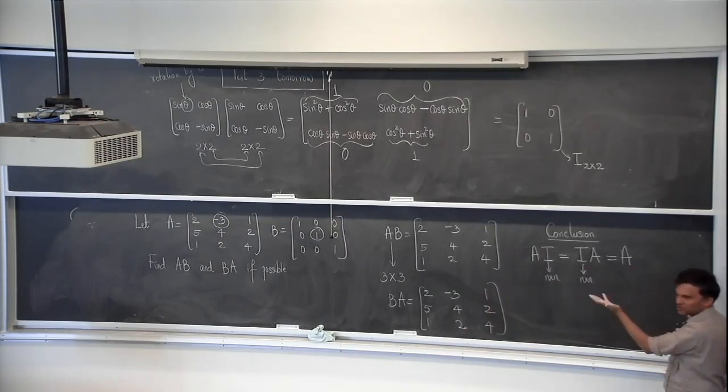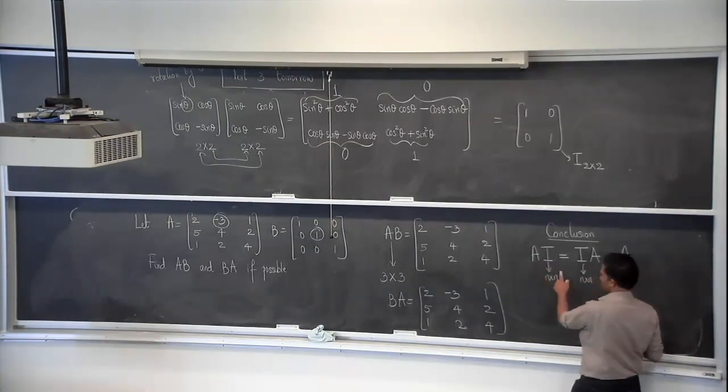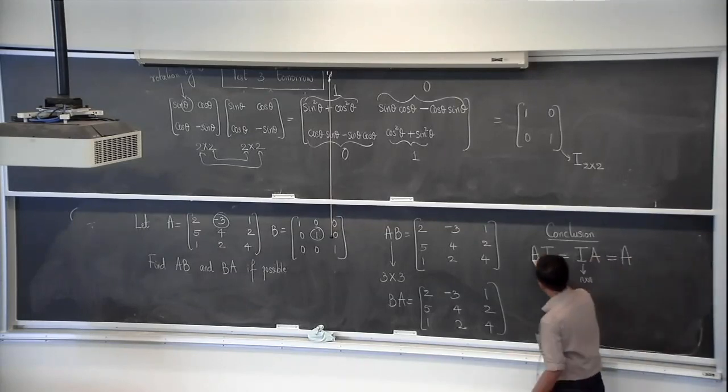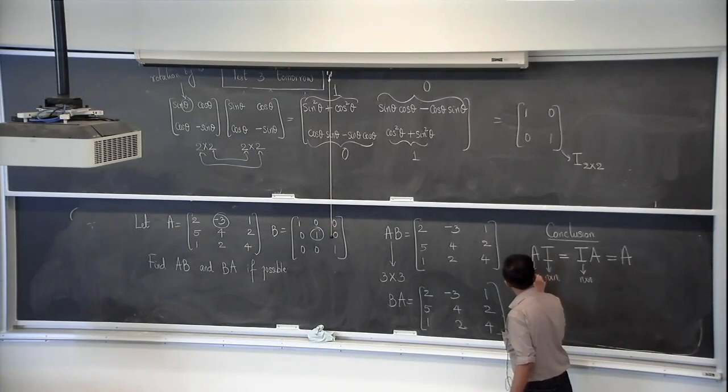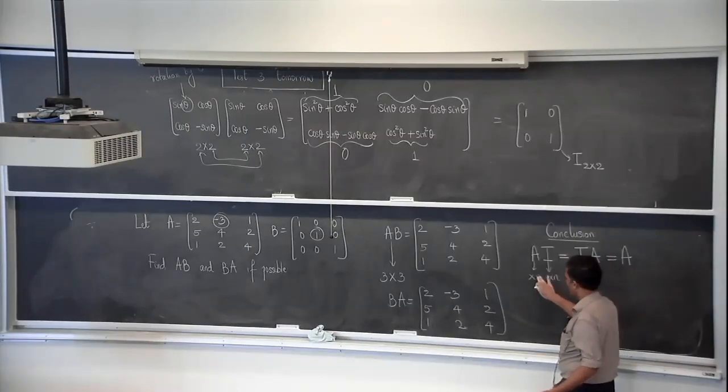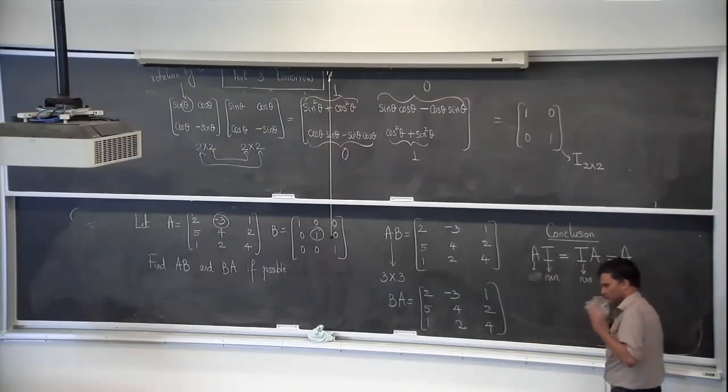Compatible for multiplication. The number of columns here must be the same as the number of rows here. So if they're the same size, that's good. But that's a really extreme condition. Of course, then the I times A may not be defined. So if they're square, that is a good thing for peace of mind.